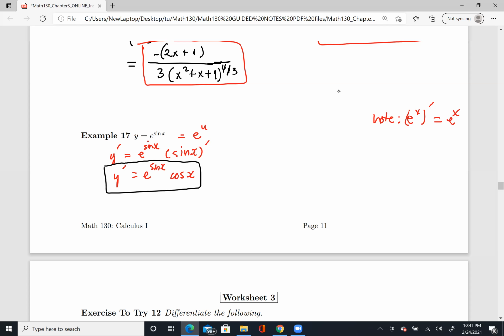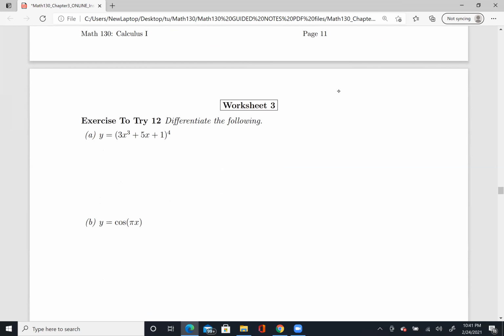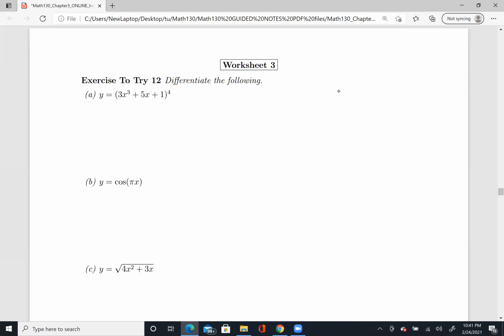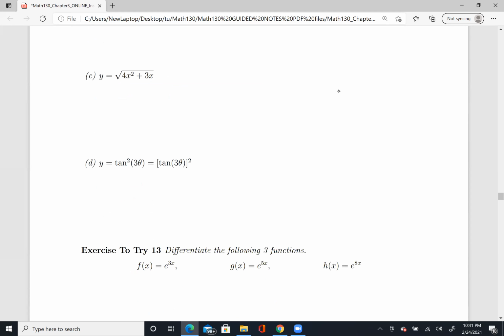So far, so good. All right. We're going to move to the next one. I have a worksheet for you to work on. Let's see how many I have.